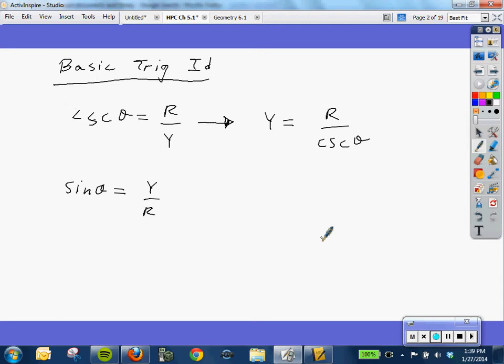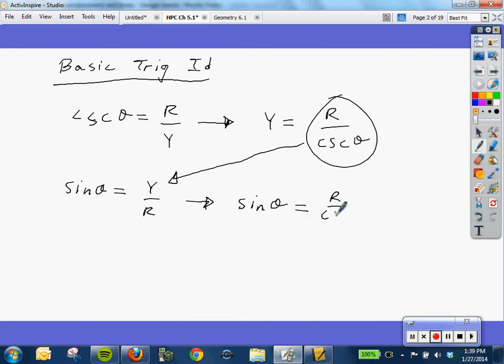So far, so good? From here, I'm going to say that r over cosecant is equal to y, so I'm going to make that substitution into that spot there. Which means that the sine of theta is equal to r divided by cosecant, divided by r.